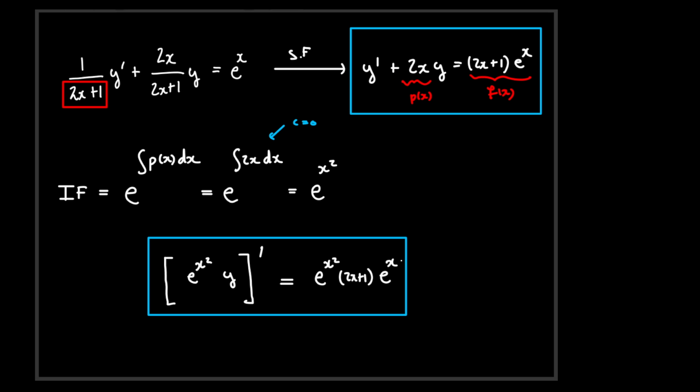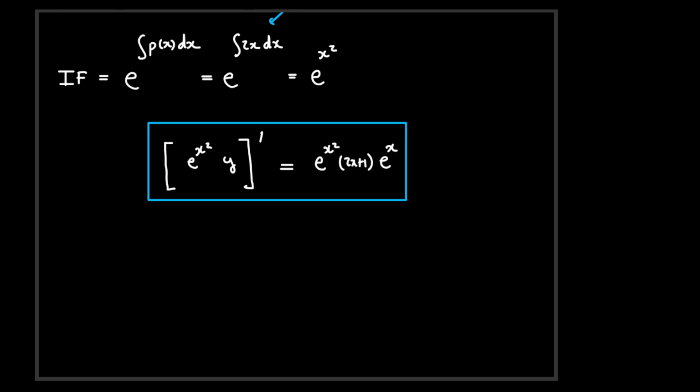Now we have to solve this. We have to determine the integral of the right-hand side. So the left-hand side here, e to the x squared times y, the derivative of that is equal to the integral here.